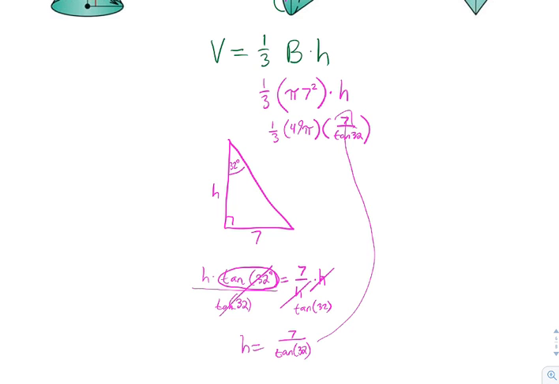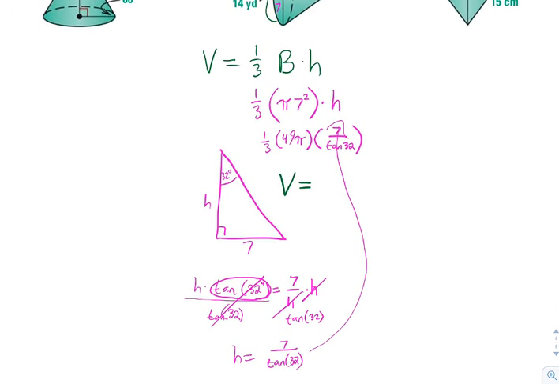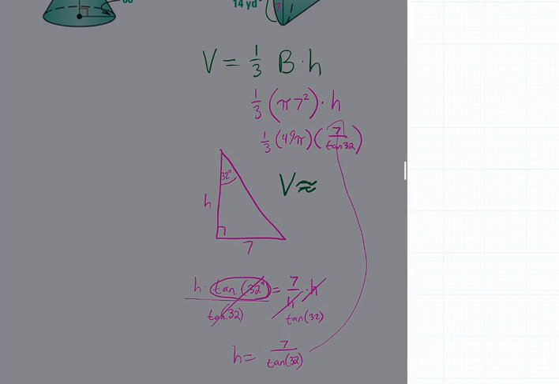That's a little too ugly for me to leave it as an exact answer. So what I'm going to do is figure this out to 2 decimal places, so to the 100th. So I'm going to say this is approximately 1/3 times 49 pi times 7 divided by tangent of 32.